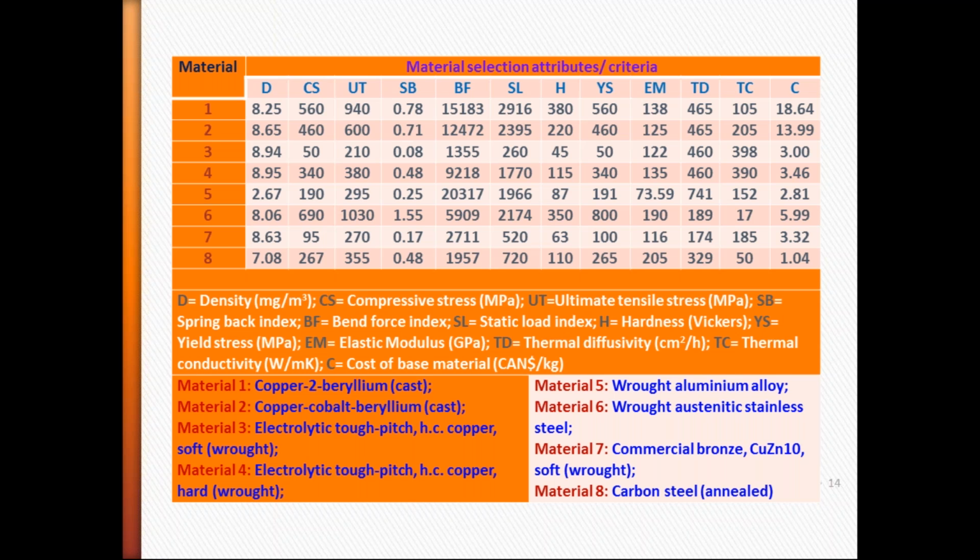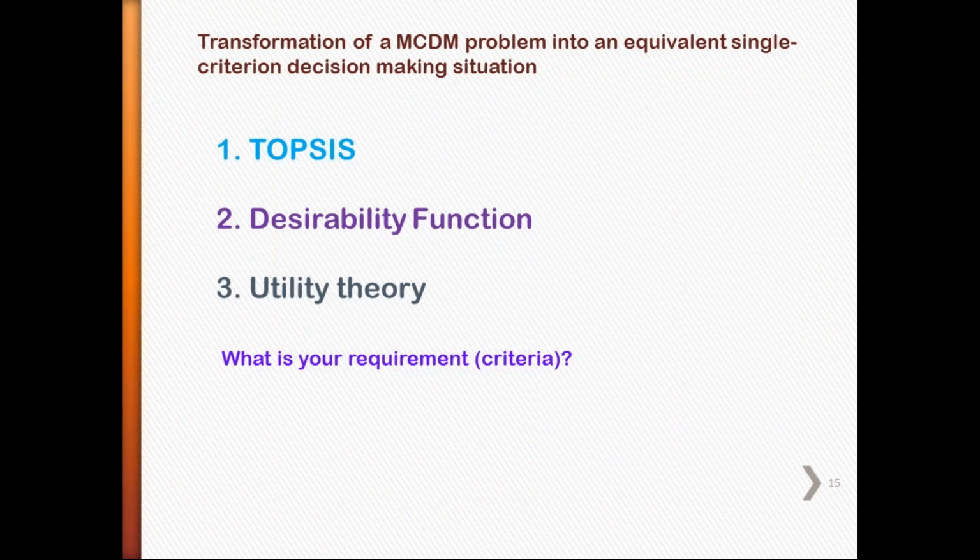Number three, range of one criteria differs from another criteria. So because of these three challenges, it is difficult to aggregate multi-criteria values to compute an equivalent single index. That aggregation should be logical, at the same time satisfying aforementioned three challenges. So how to solve that? That I am going to discuss.